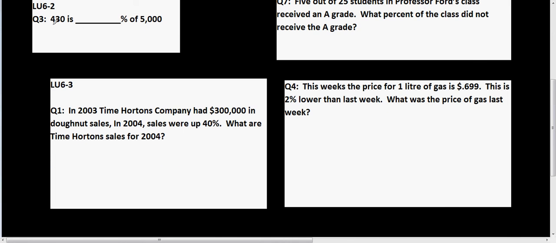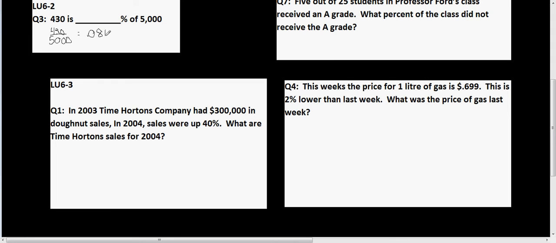In our example over here, we've got 430, and we want to know what percentage that is of 5,000. The way to solve that is to divide 430 into 5,000. Now, you can use your calculator for this one to keep things simple, and you're going to find the answer is 0.086.